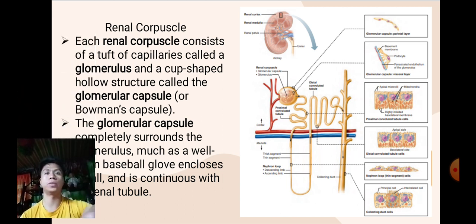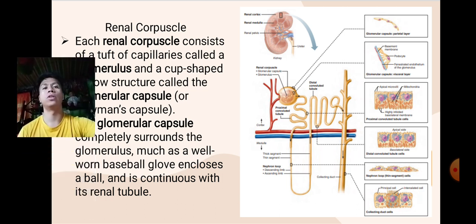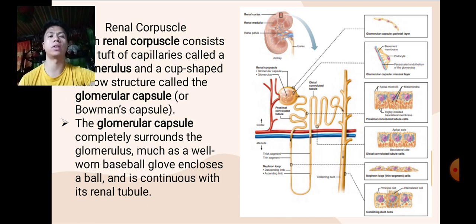The renal corpuscle consists of a tuft of capillaries called a glomerulus and a cup-shaped hollow structure called the glomerular capsule, also known as Bowman's capsule. The glomerular capsule completely surrounds the glomerulus, much as a well-worn baseball glove encloses a ball, and it continues with the renal tubule.